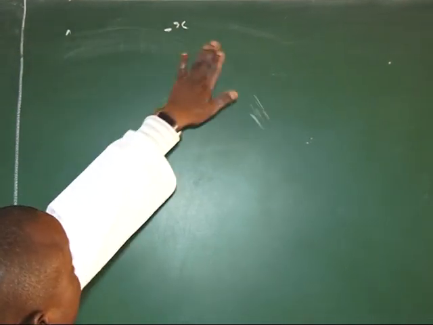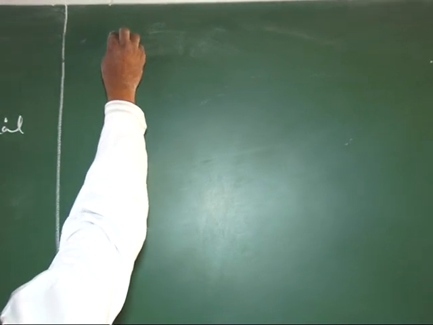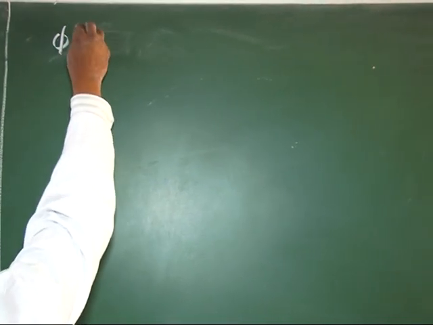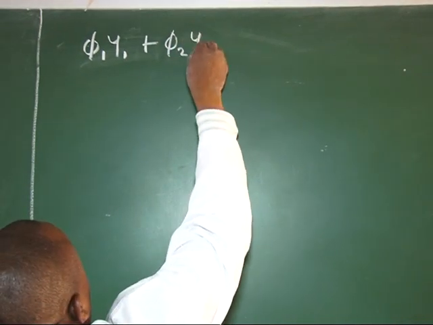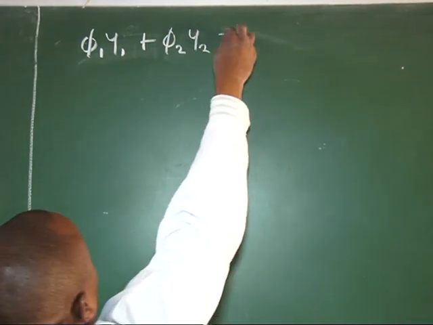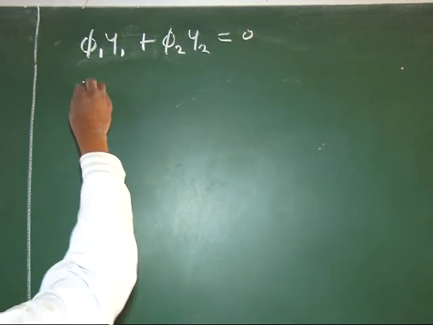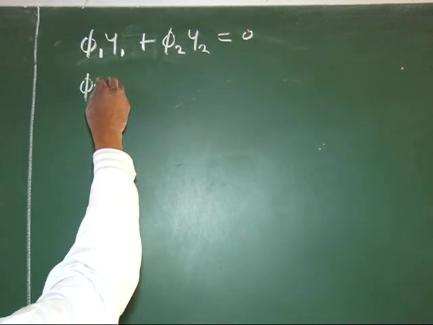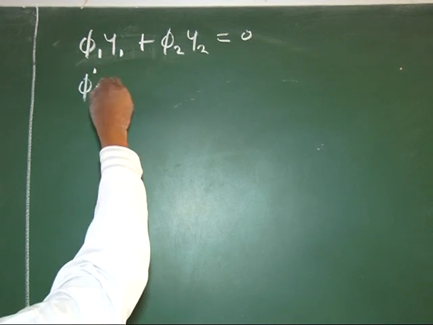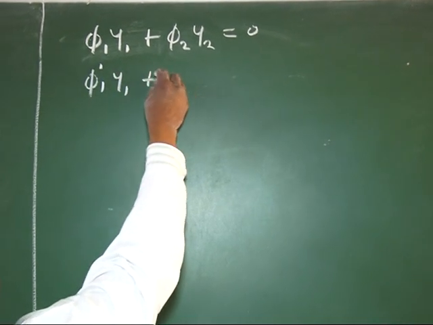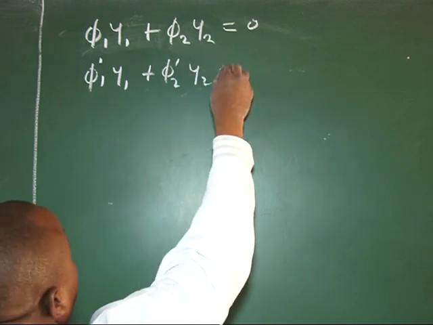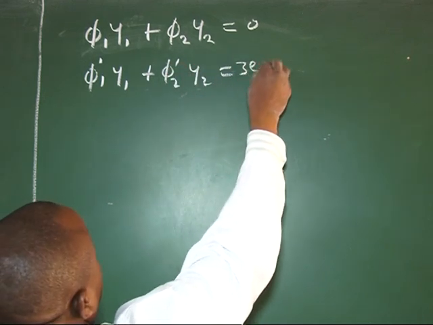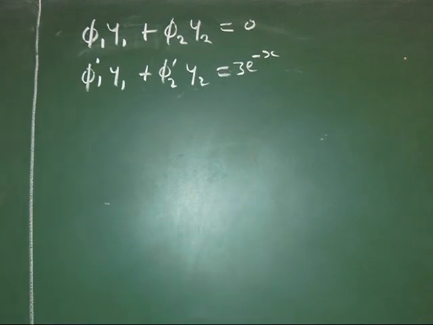Look at phi 1 y1 plus phi 2 y2, and then I will equate this to 0. Also write phi 1 prime y1 plus phi 2 prime y2. I will now equate it to 3 exponential minus x. That is what I will do.